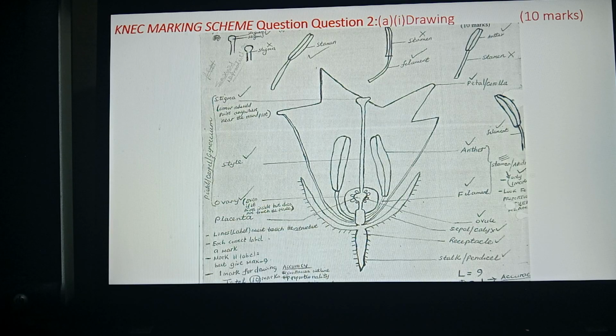Proportionality, total marks 10. So you have labels 9 marks, and then drawing mark you have 1, and the total is going to 10. Look at the shape of the anthers and the corolla, the way they are shaped. They should be shown.